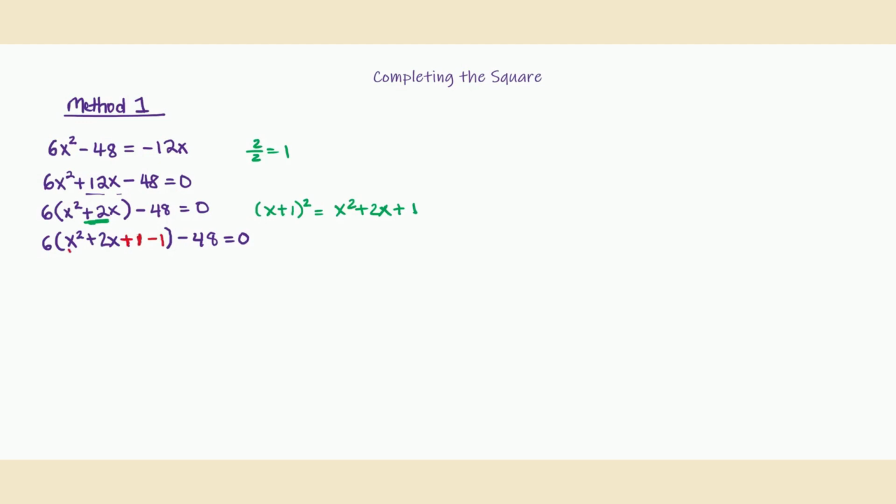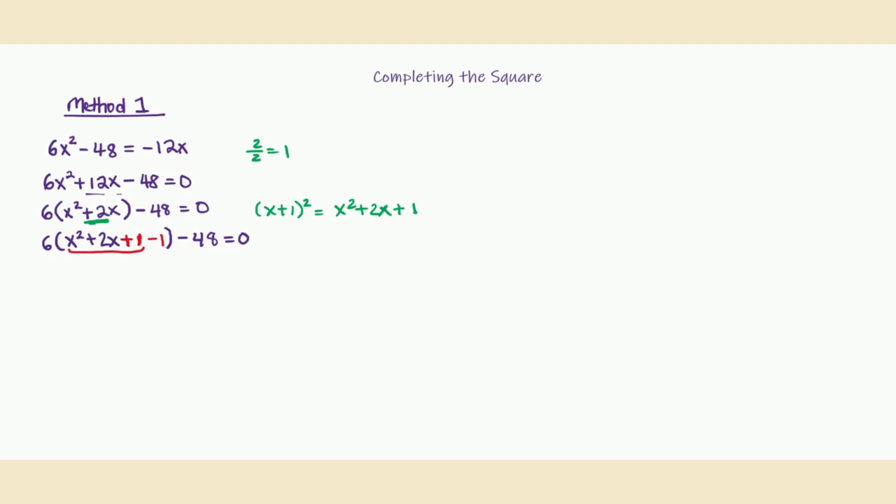So again, this is our perfect square, x squared plus 2x plus 1, but we cannot just add in 1, we then have to subtract 1 in order to balance the equation.